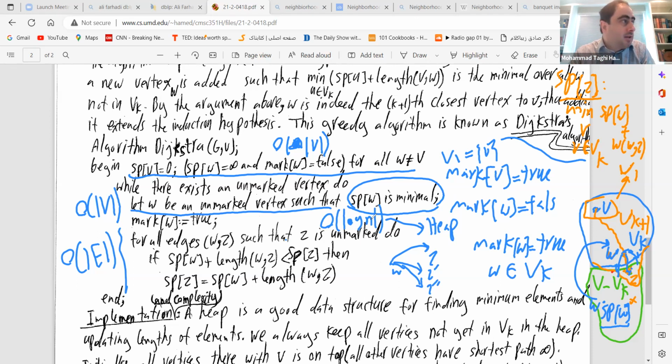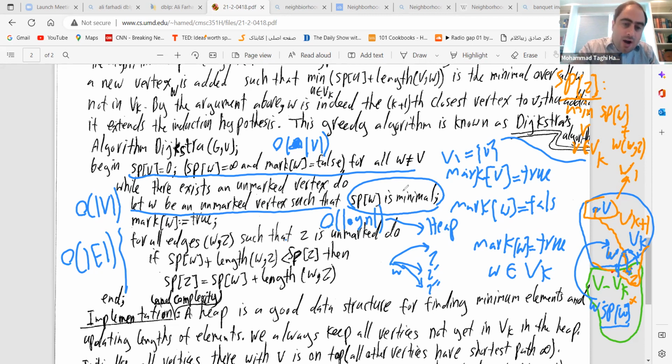We talked about that, for example, in C++ or Python, there are packages for this. So this is the priority queue that we use to make sure SP of W is kept in such a structure. If you remember in the heap, deleting the minimum, the one that has the minimum value, was order log n, the depth of the heap.